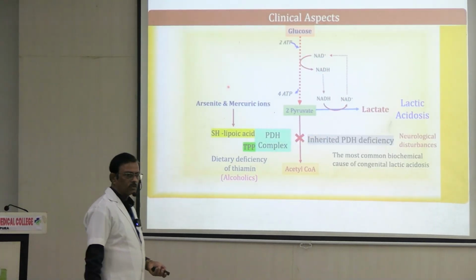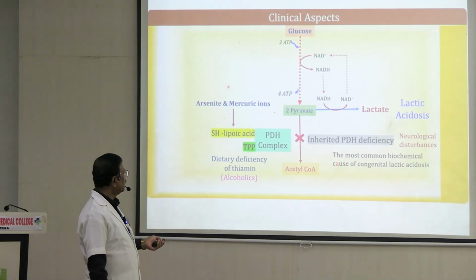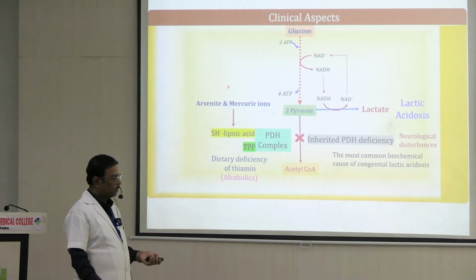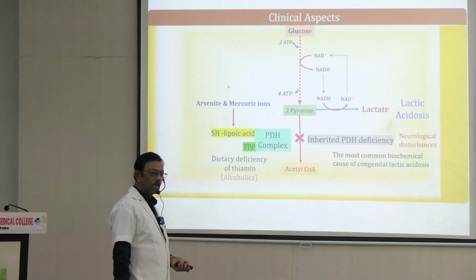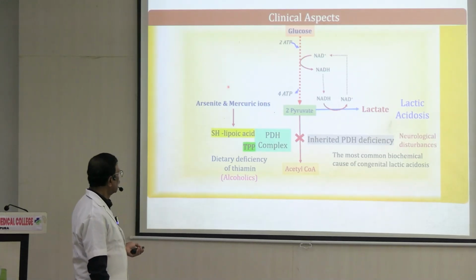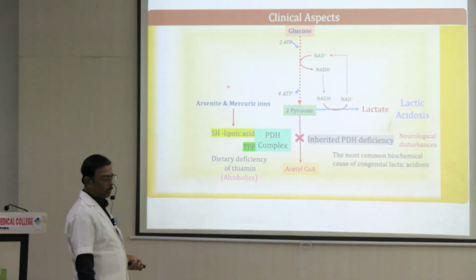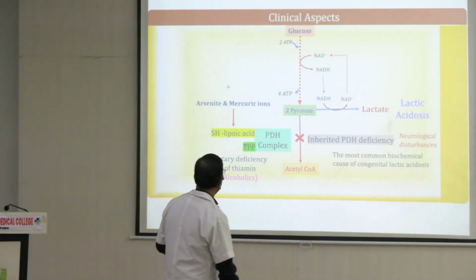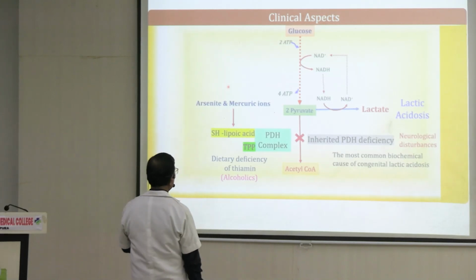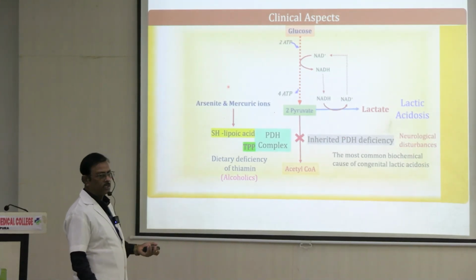Now the clinical aspects. These problems are not that common, but if there is any disease which prevents this, it is the deficiency of pyruvate dehydrogenase. It is the inherited PDH deficiency. It is characterized by lactic acidosis.